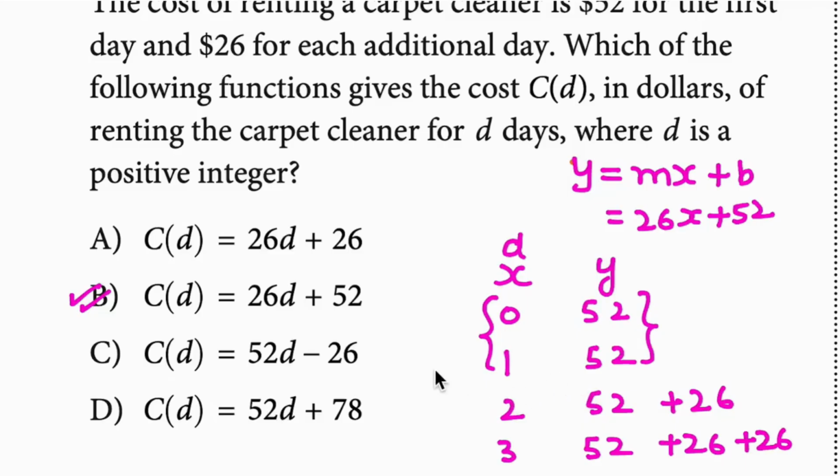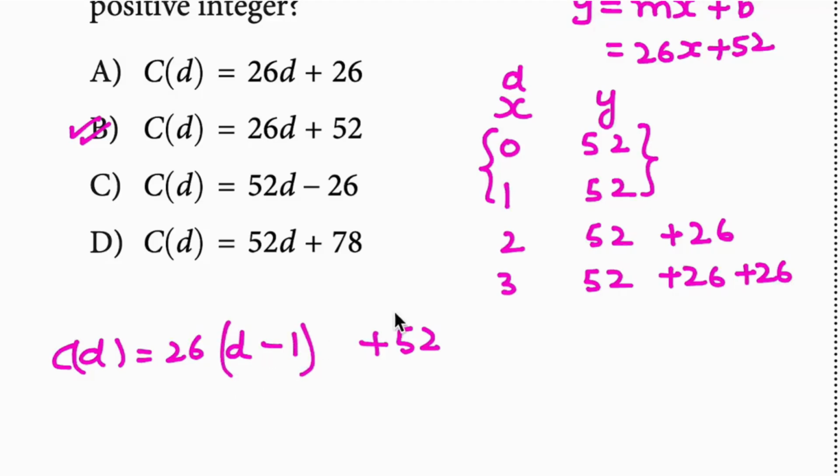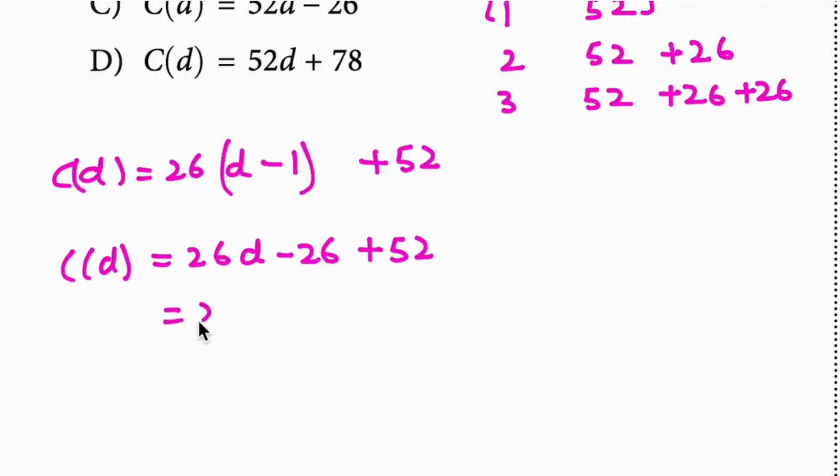So when we put it like this, C(d) is equal to 26d plus 52, but here we have to subtract 1 from it because one day is already taken by this 52. So now that is the real equation, right? So let's solve it. 26 times (d minus 1) plus 52 is 26d plus 26.